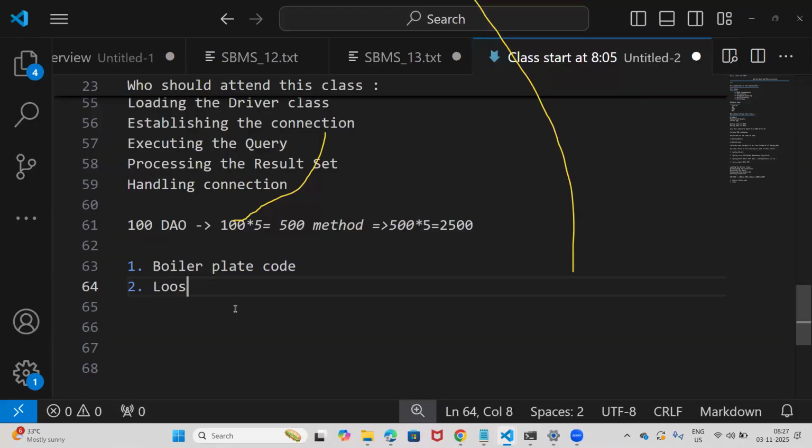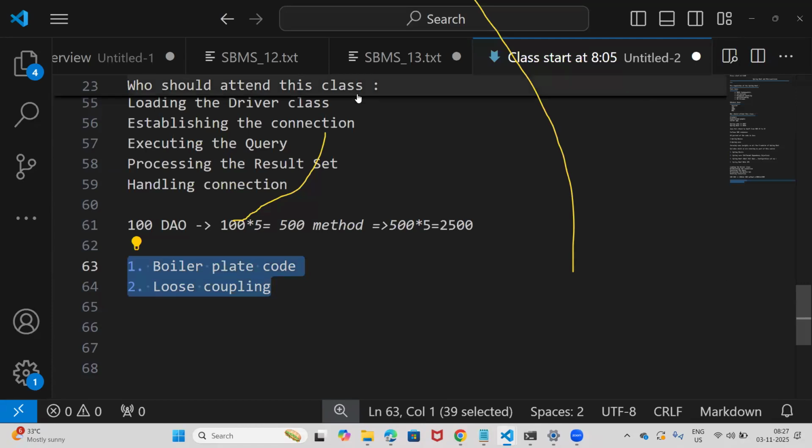In an interview, if someone asks why JDBC was replaced by ORM frameworks, you need to give these two reasons, guys. Clear? JDBC has a very tight coupling with the backend database, because you're writing the query in a text format.